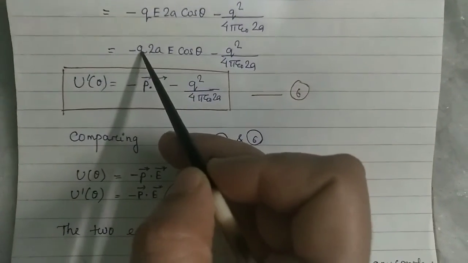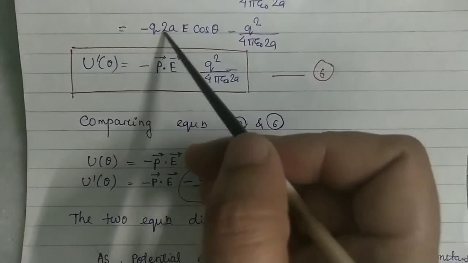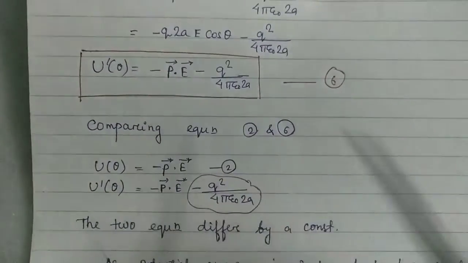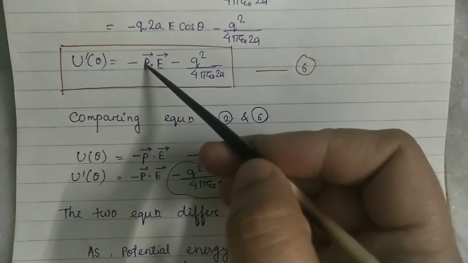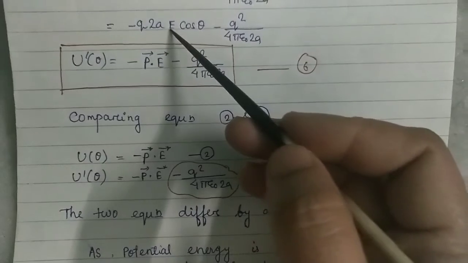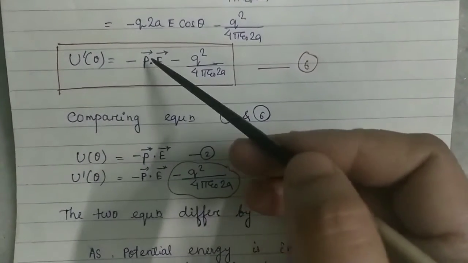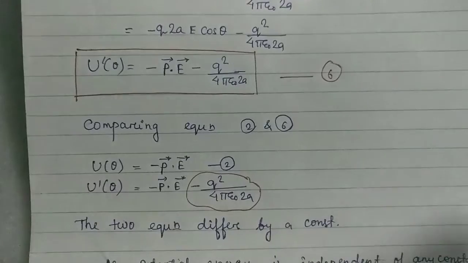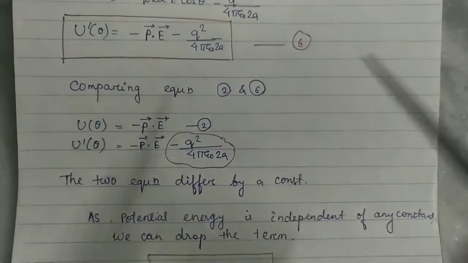That is the magnitude of the charge multiplied by the distance between the two charges. That will give you P. So it is P vector and cos theta, P E cos theta. So I have written already here: minus P dot E minus Q square by 4 pi epsilon naught 2A. Let it be equation number 6.